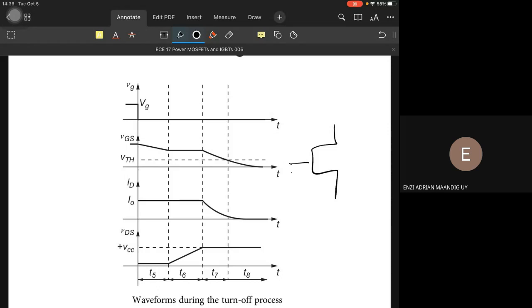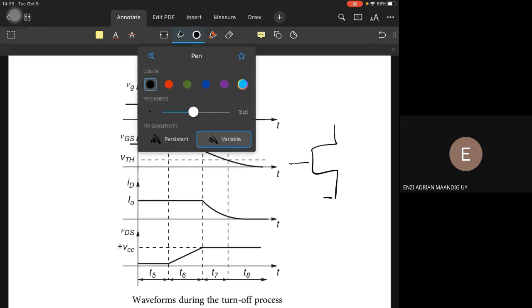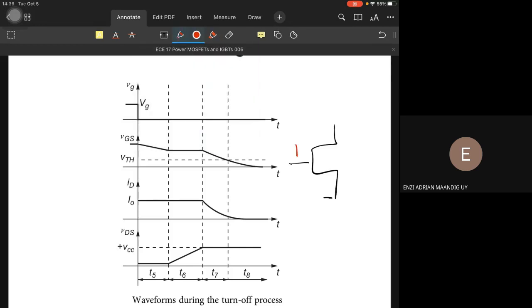Kung na voltage dire, may current po flow. Kung wala voltage, wala current po flow. Yan na lang, no? Simple lagi kaayo ang MOSFET. That's why ato lang nang gina-substitute as kung 1. 1 po dire. Kung 0 dire, 0 dire.